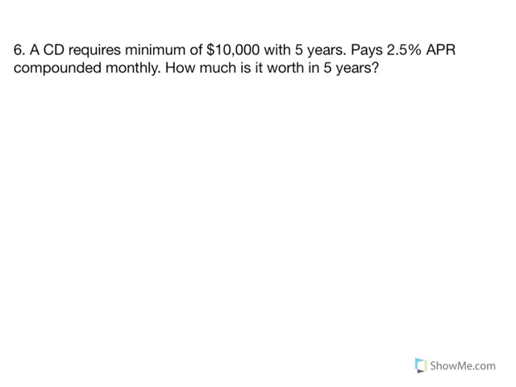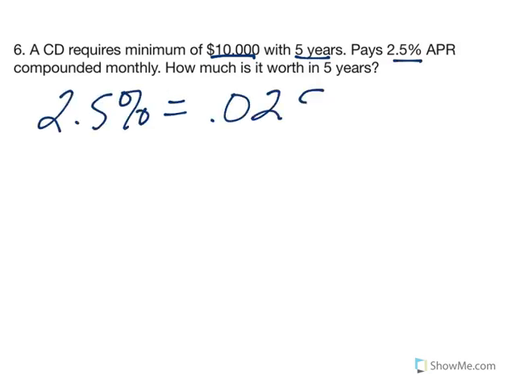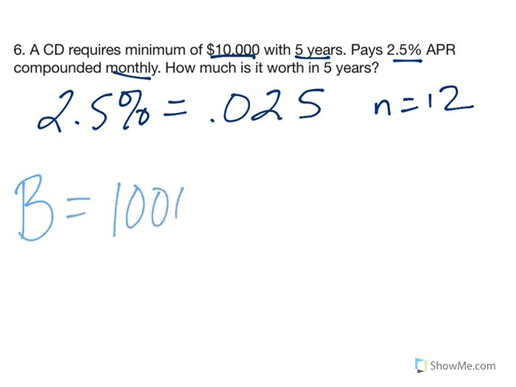Let's go to number 6. You've got a CD, requires a minimum deposit. Again, so here's my principal, there's my years, APR. 2.5% becomes 0.025 as a decimal, and we're compounding monthly, so n is 12. When I punch them into my formula, a principal of 10,000 times 1 plus 0.025.